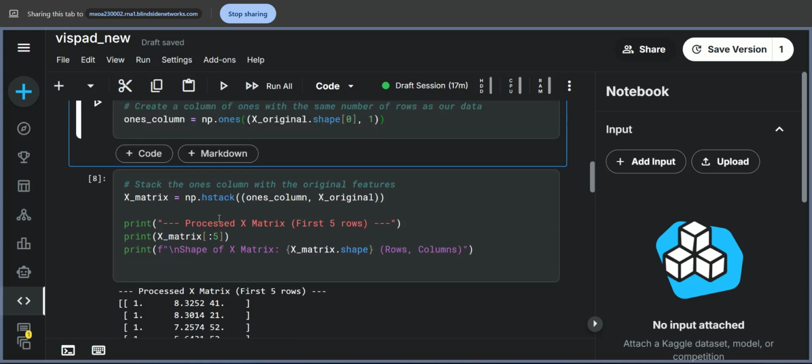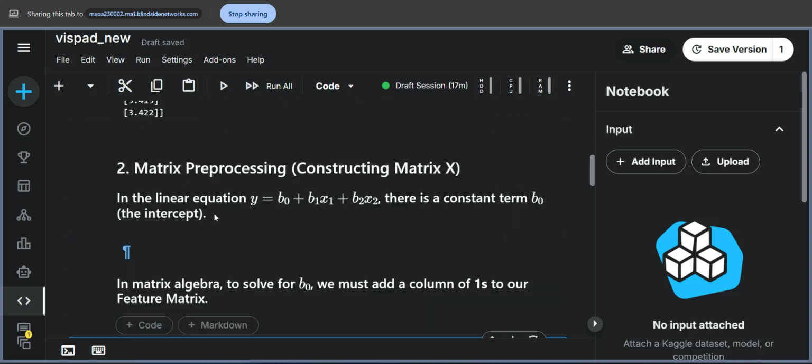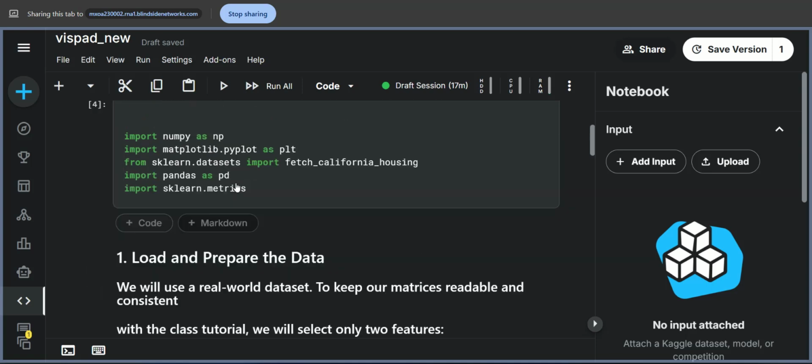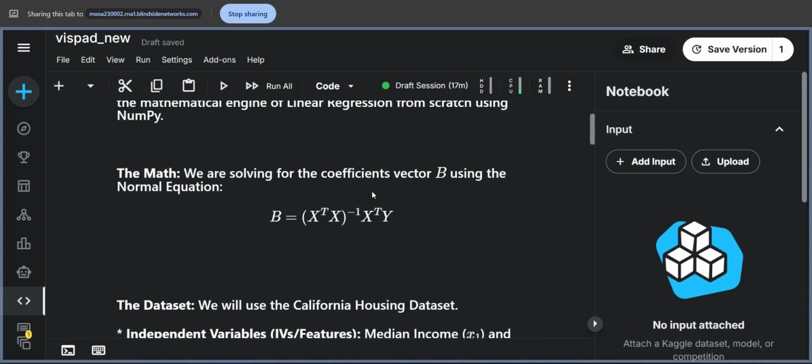Okay, so now we are going to stack it with our feature sets, right? Then now we get our x matrix. We've started this, so we are now getting our x as a matrix.